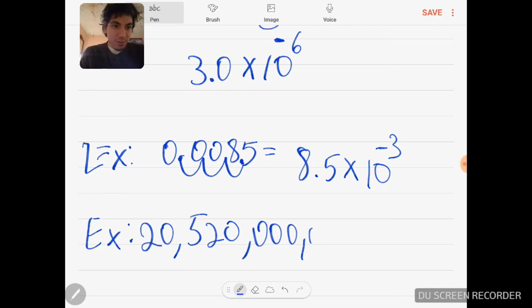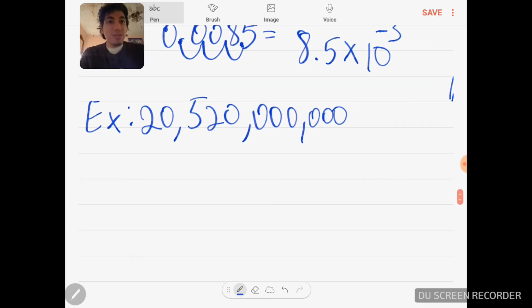And I emphasize big here. This is 20,520 million. I wish that was actually my bank account. So we have to move the decimal point to make this a number between 1 and 10. The decimal point starts here because it's a whole number. 1, 2, 3, 4, 5, 6, 7.